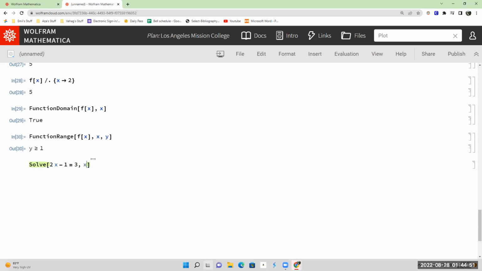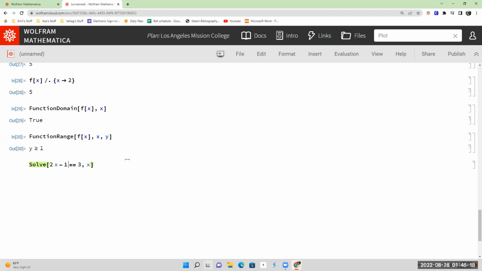You just enter the equation, but you have to remember to use two equal signs to specify that this equal sign does not represent an assignment, but rather it is like a logical test, like a logical connective.